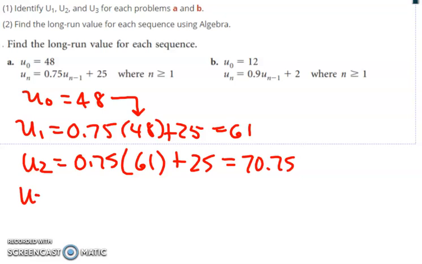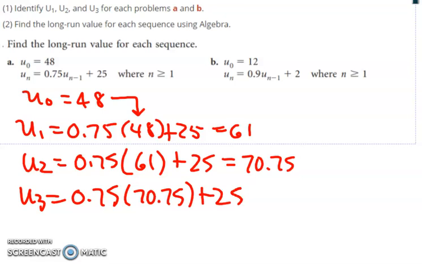And then U of 3 is 0.75 times our previous answer of 70.75 plus 25. And that answer is 78.0625.